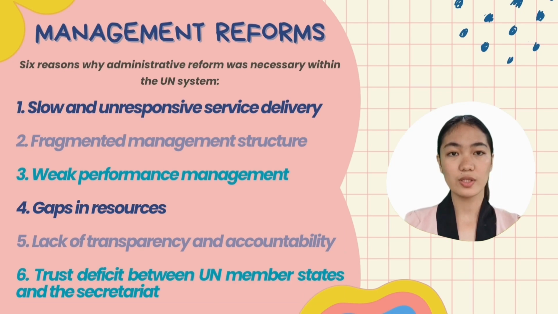Administrative reform has resulted in the establishment of a more streamlined and efficient management structure. The introduction of a new performance management system has improved accountability, and the UN's human resources policies have been modernized to better attract, retain, and develop staff.